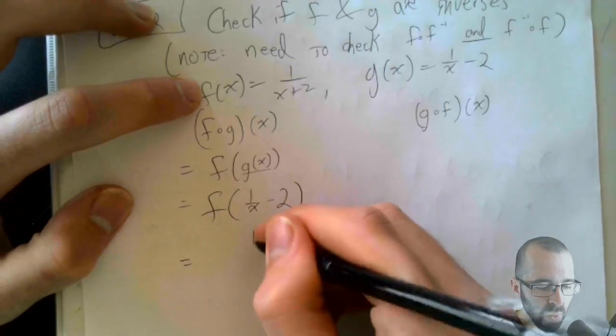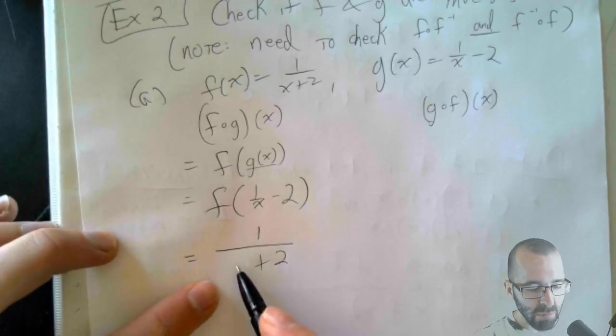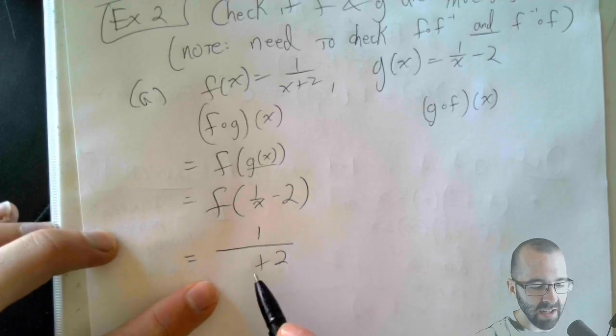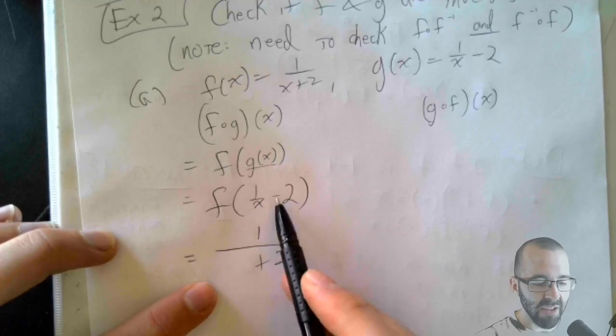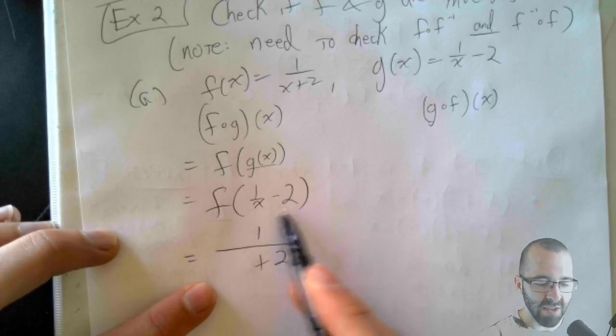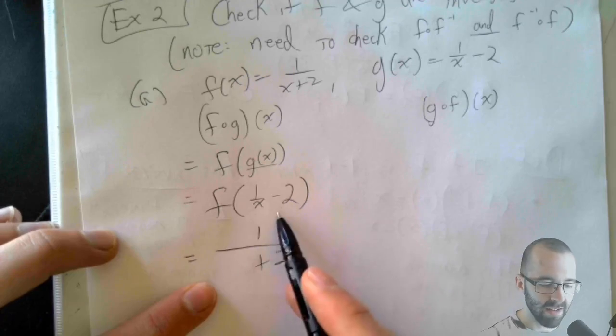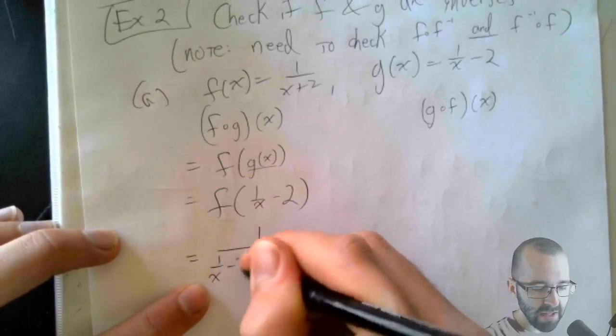The function f is 1 over something plus 2. Where that something is whatever we're plugging in. If we had f of 2, we'd plug in a 2 right here. If we were looking at f of 0, we'd plug in a 0 right here. But we're plugging in this whole mess. So this whole mess needs to go right there. 1 over x minus 2.